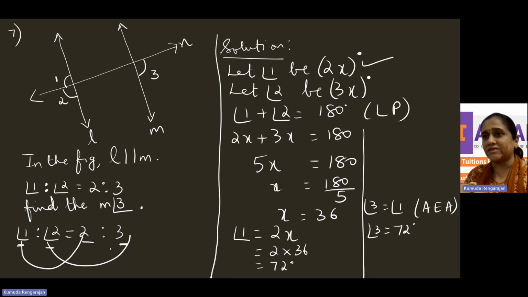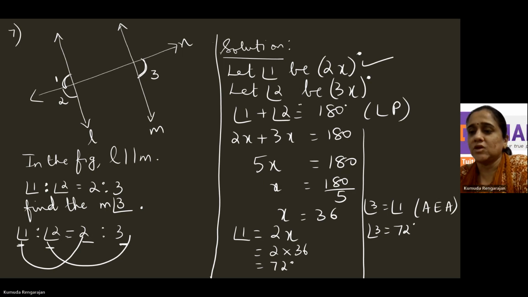But what is 1? 2x. What is 2? 3x. So 2x plus 3x is 180. So when you solve, you'll get x. And once you get x, you should find angle 1. What is angle 1? 2x. 2 into 36, 72. Now, if 1 is 72 degrees, 3 is also 72 degrees because alternate exterior angles are equal. Correct?